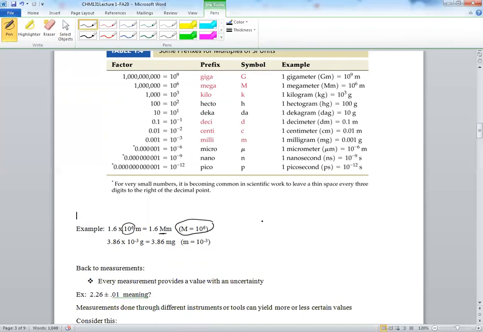So here's a new one, for example. If I say I have 6.8 times 10 to the negative 6 seconds, well, I need to remember that 10 to the negative 6, or 1 millionth, okay, is right here, and that would be called micro.